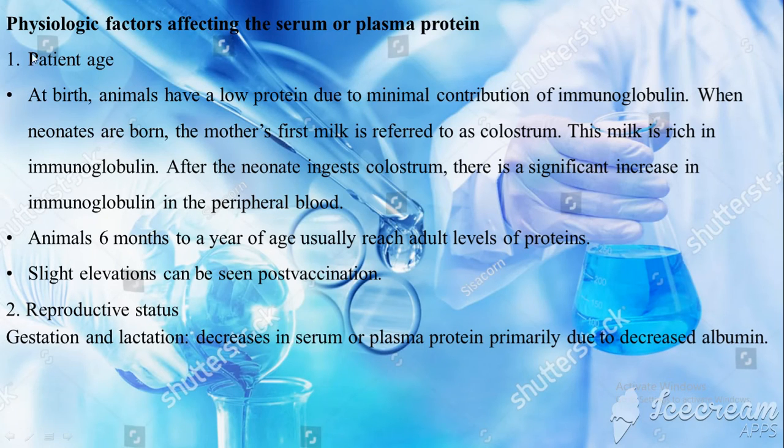The first one is patient age, and the second one is reproductive state. The patient age, as you know, at birth, the animal depends on the amount of immunoglobulin it gets from the mother through the colostrum.